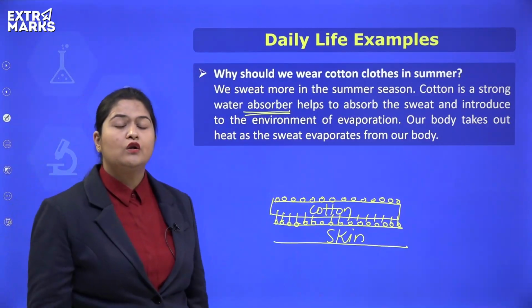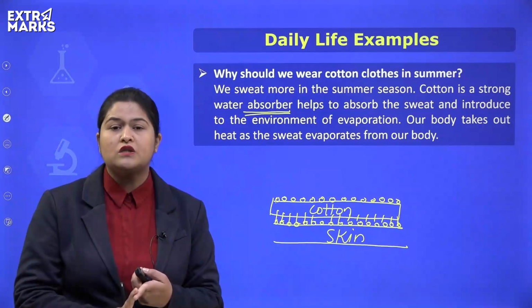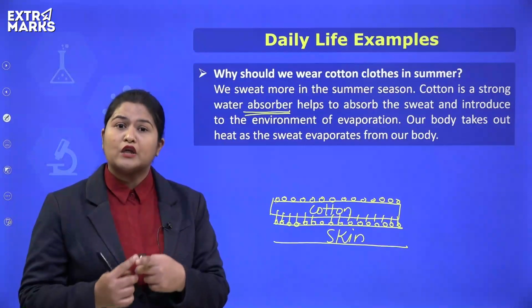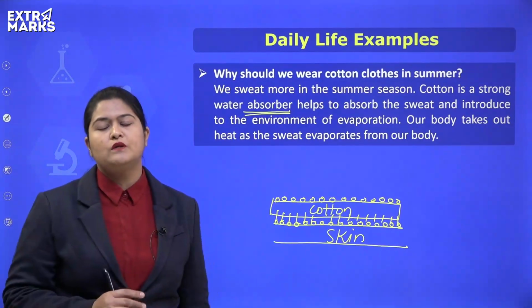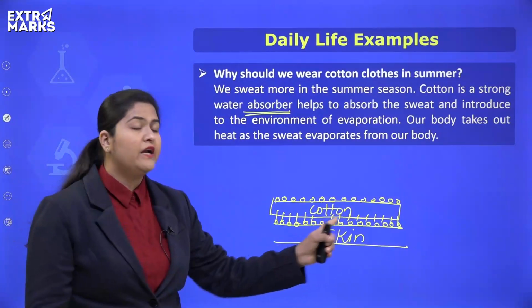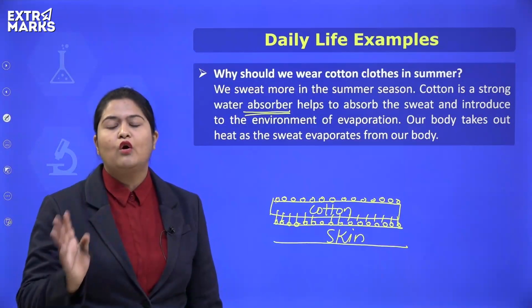In place of cotton cloth, if you wear silk cloth, all this will not take place, because silk cloths do not have pores. They do not allow air circulation, as well as they are not good absorbers of water, and hence they will not absorb sweat. Sweat will start accumulating between the skin and the cloth, and you will not feel comfortable.